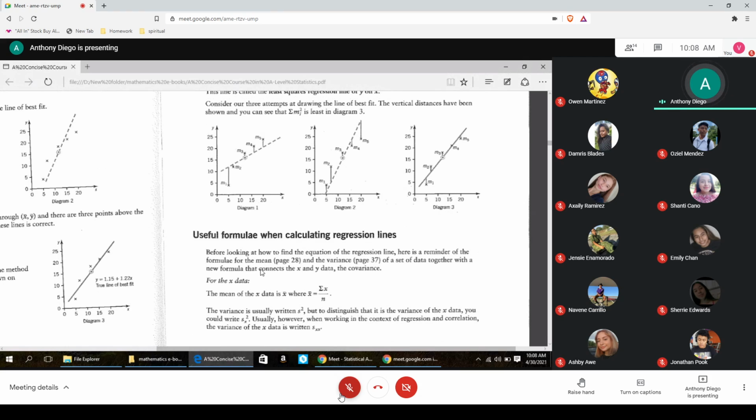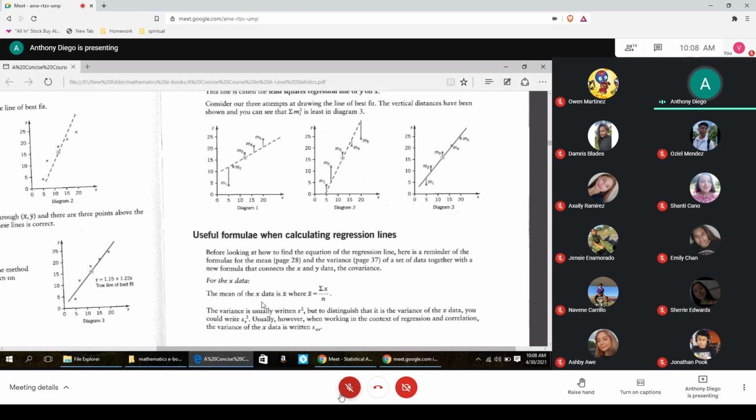Like I mentioned to you before, when we are calculating the equation, we need to look for the mean of the x and y values. So first of all, we look at the x data. What you need to find is the mean of the x data that is given to you. And then remember, I gave you a formula for variance as well.